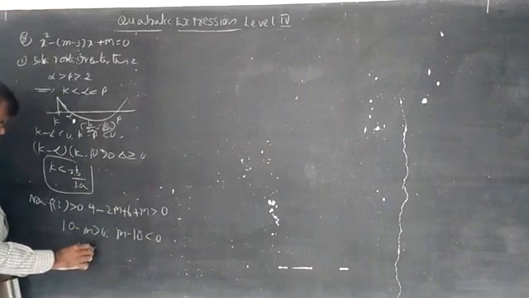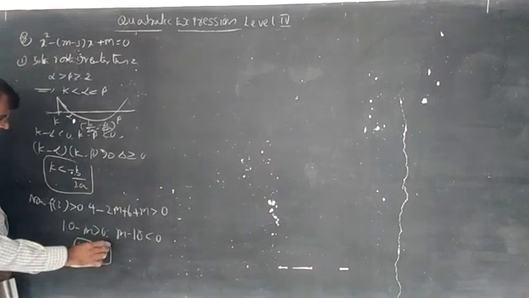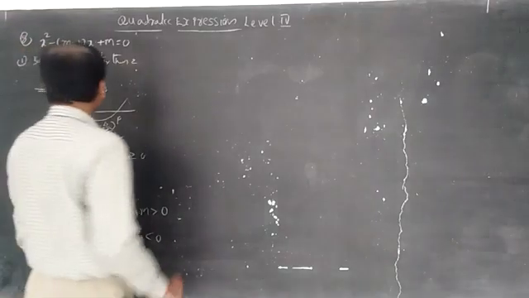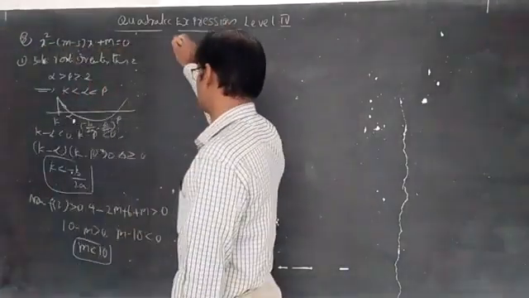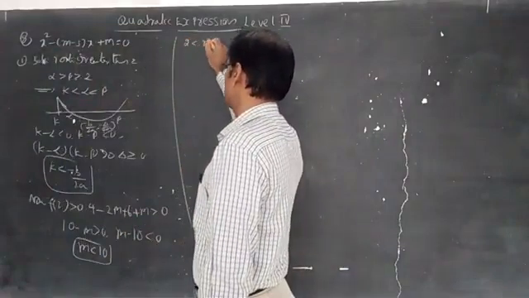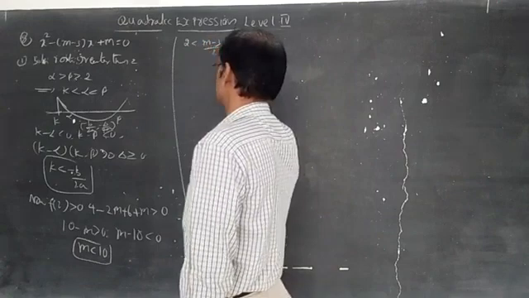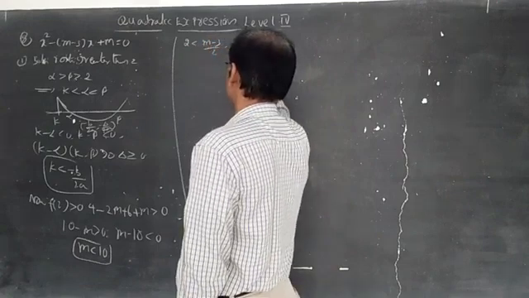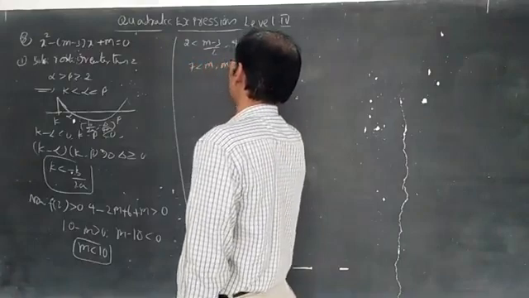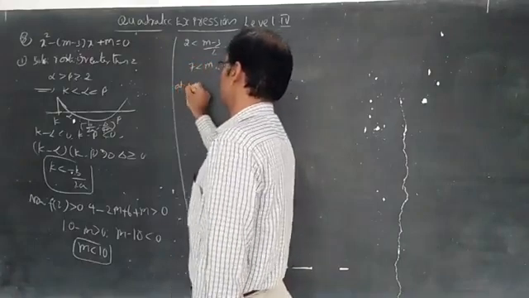So m less than 10, keep aside. And k less than minus b by 2a: k means here 2, 2 less than m minus 3 by 2. So 4 less than m minus 3. So 7 less than m, you can say m greater than 7.